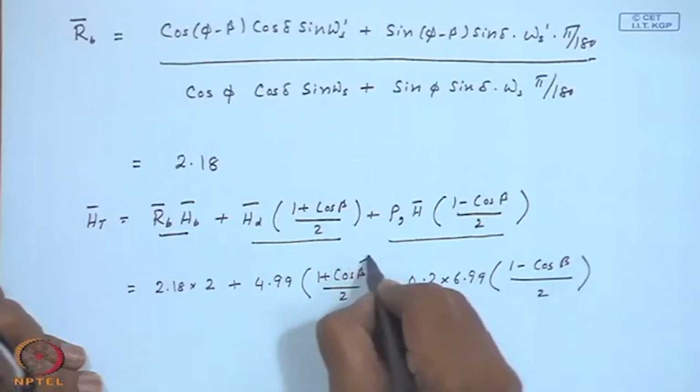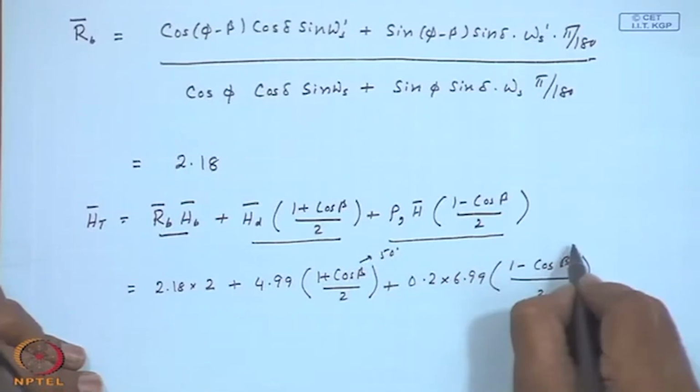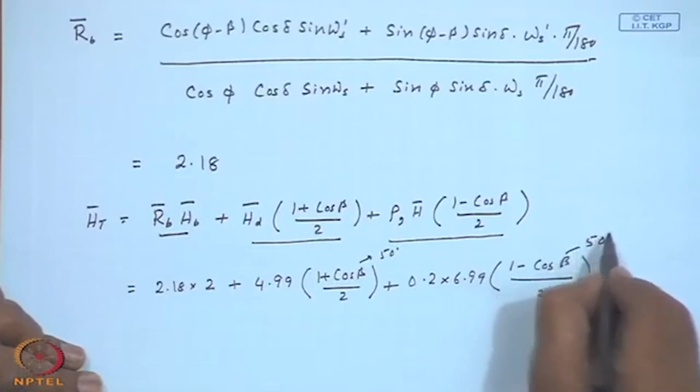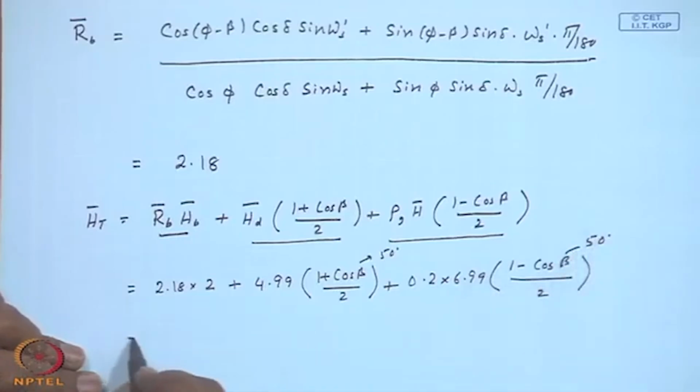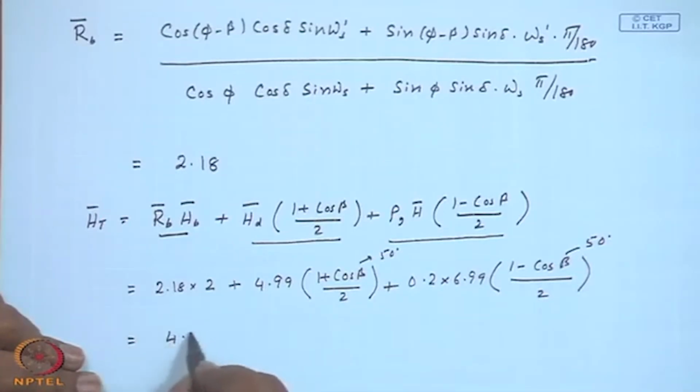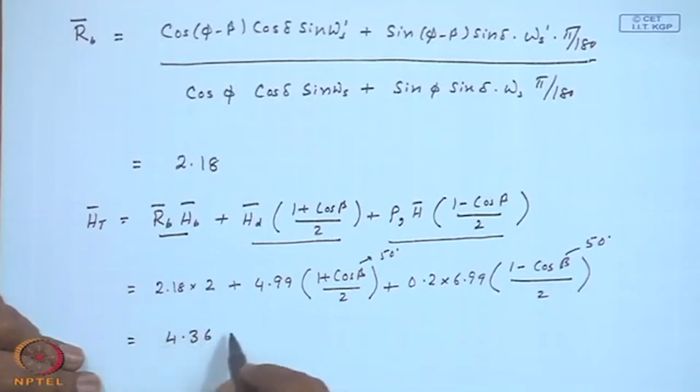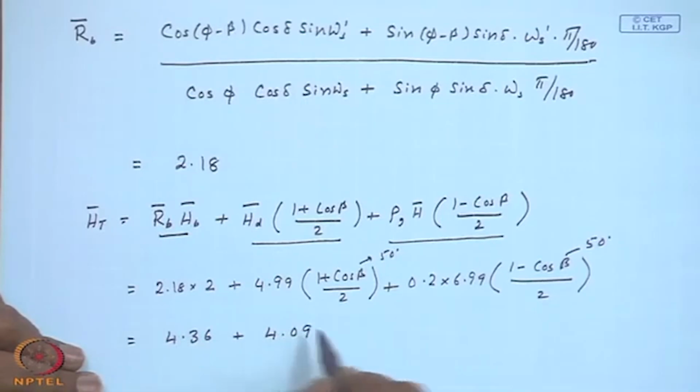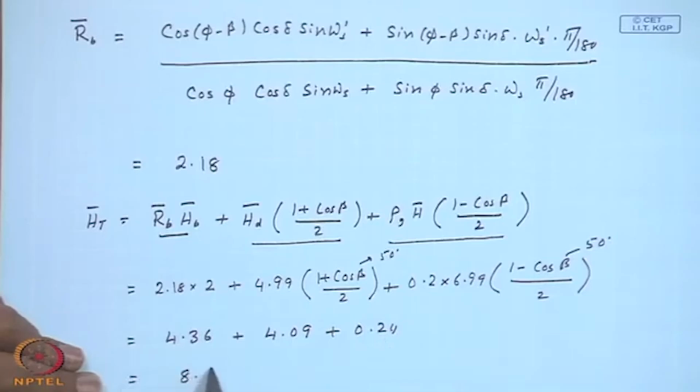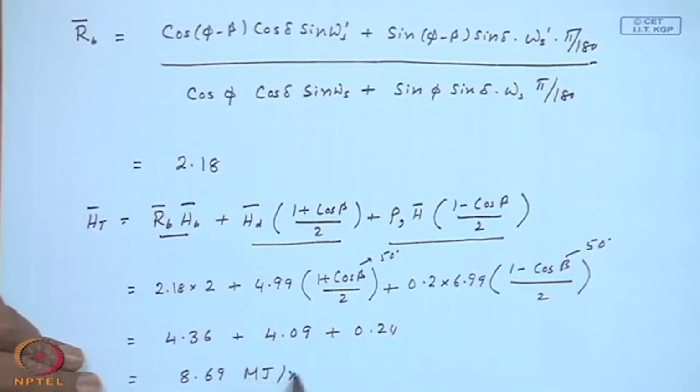Beta is 50 degrees of course. So, these components are 4.36, I am doing this just to bring out something interesting, 4.09 plus 0.24, which is 8.69 megajoules per meter square day.